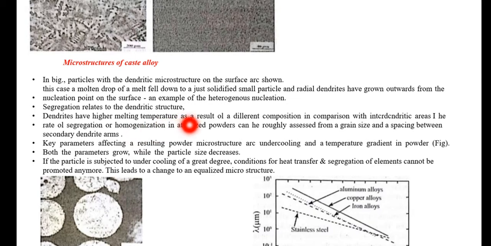Dendrites have a higher melting temperature and a different composition in comparison with the other areas. A key parameter affecting the resulting powder microstructure is undercooling. In heterogeneous nucleation, undercooling takes place. Solidification means conversion of the liquid phase to the solid phase, and it takes place at a lower temperature. That is undercooling, and it is also an important parameter.